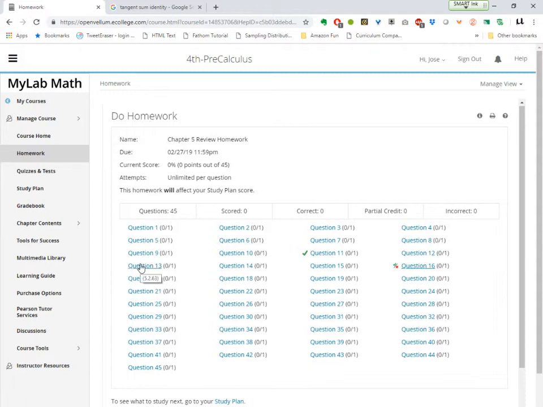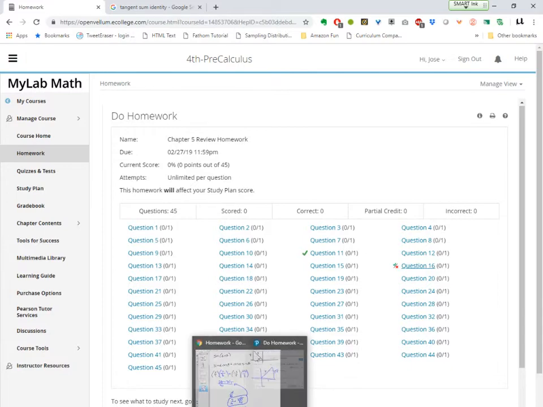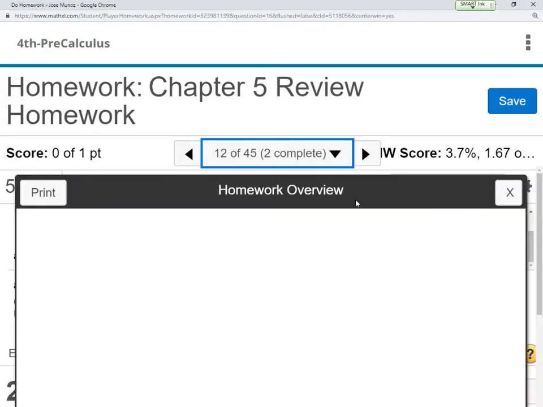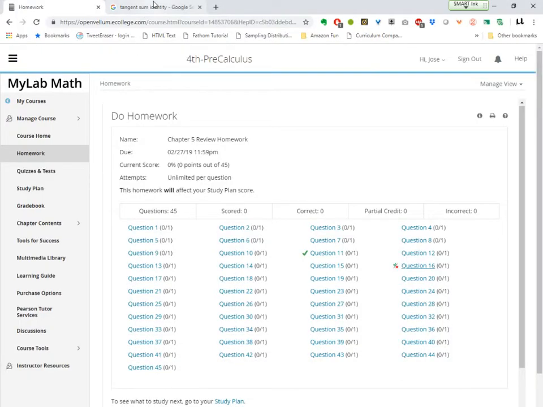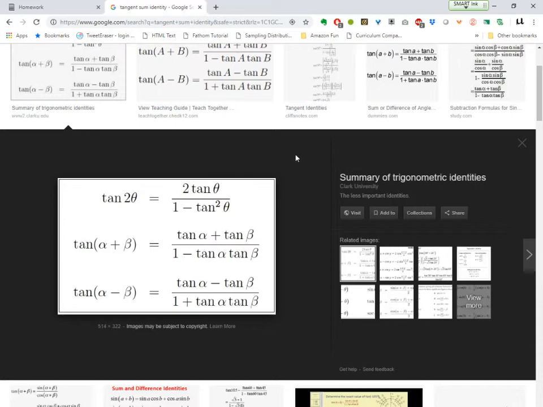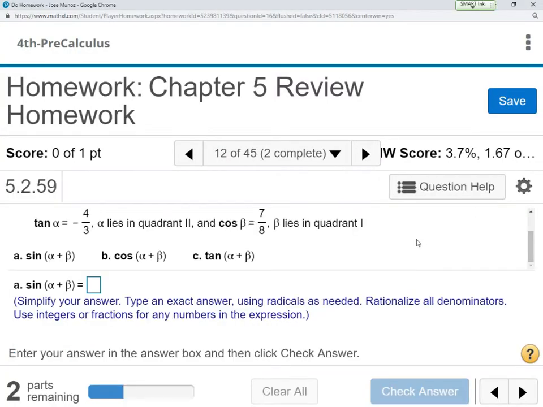I already messed up already. I knew it. What else? Go back to what? Back to the formula? Yeah, I just looked at the formula. It's messed up on 12 already. Wait a minute. Because the formula for cosine is cosine alpha, cosine beta, the opposite of, so it should be minus sine alpha, sine beta. And you already drew your triangle, so just go back and look at the same triangle.